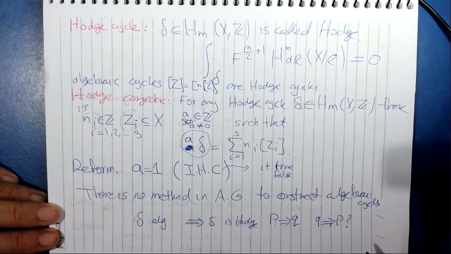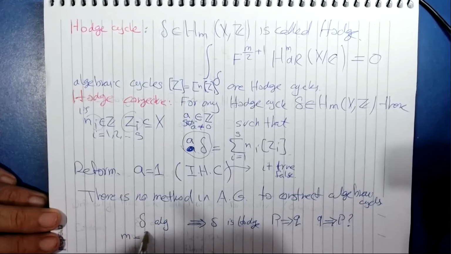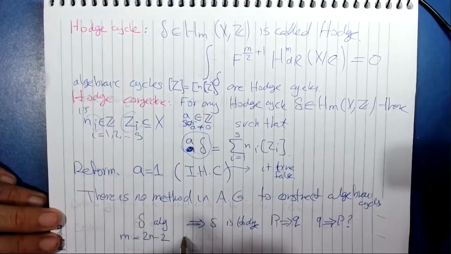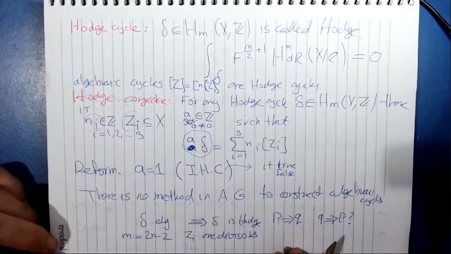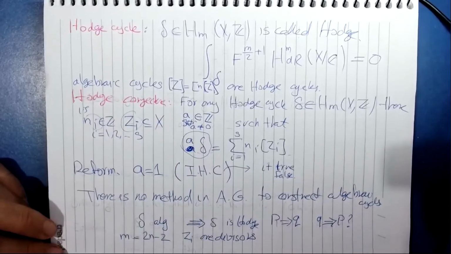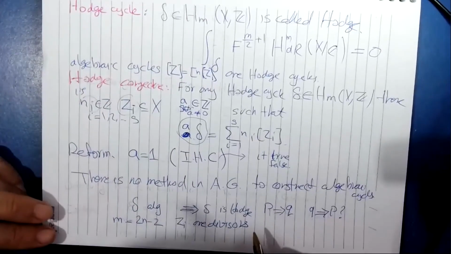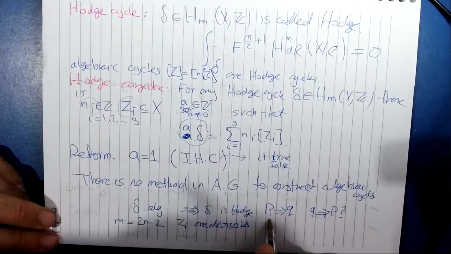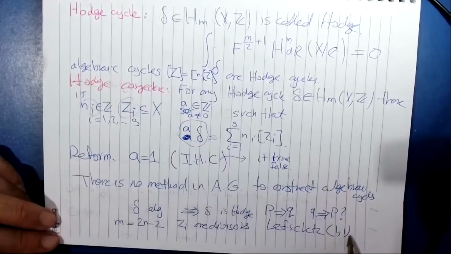Okay, but for which classes of varieties do we know it? Maybe the most famous one is the case m equal to 2n minus 2. In this case, the Z_i's are divisors, and the corresponding theorem is called the Lefschetz (1,1) theorem.